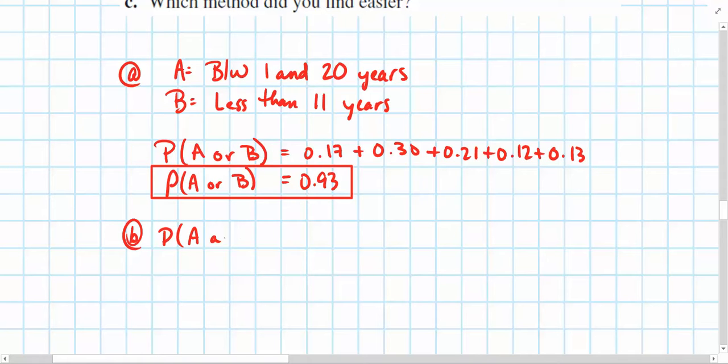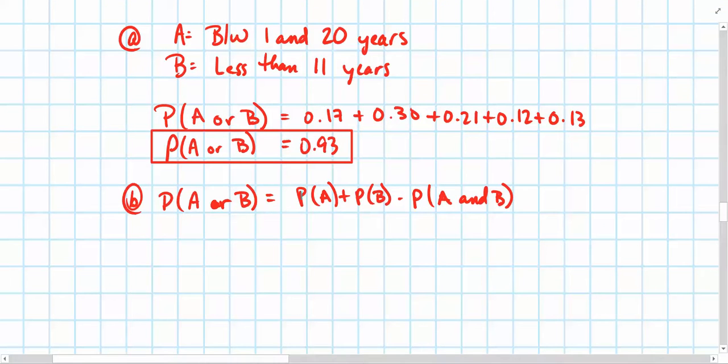The probability of A or B occurring is equal to the probability of A plus the probability of B minus the probability of A and B occurring.